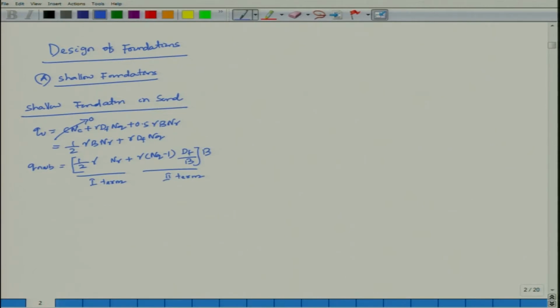If you look here, the second term is a function of Df by B. So, now net safe bearing capacity, q safe net, is equal to gamma N gamma by 2 plus (Nq minus 1) into gamma Df by B, divided by your factor of safety, into this is your B.